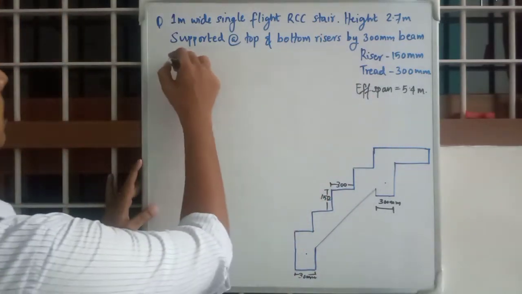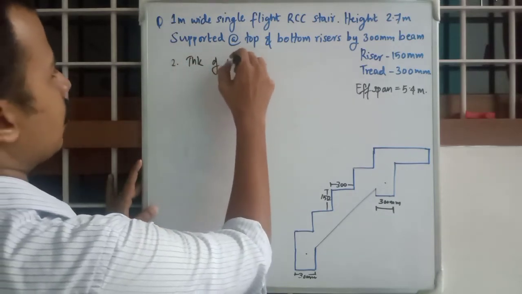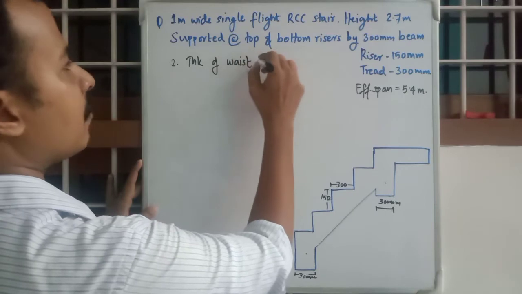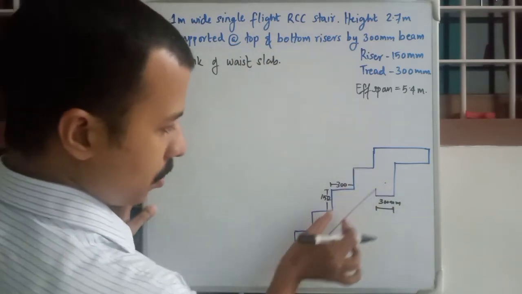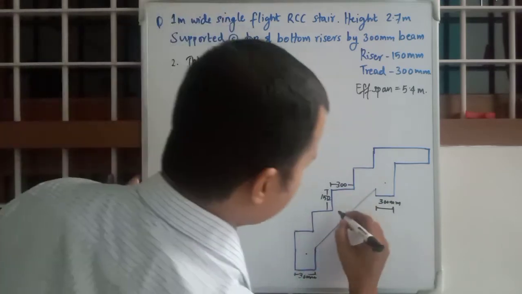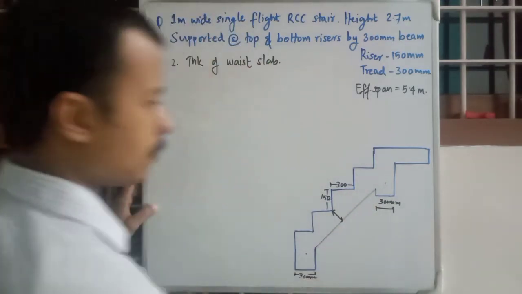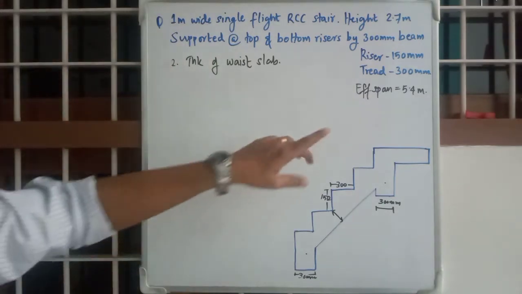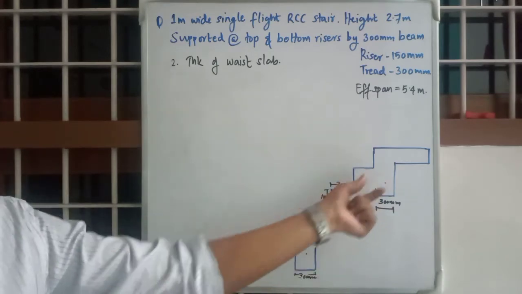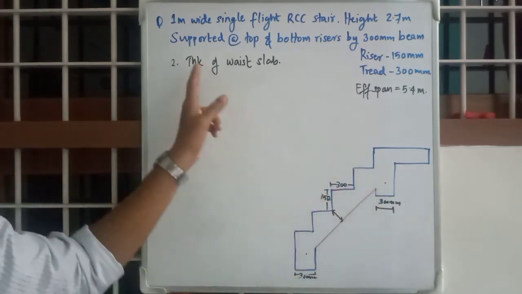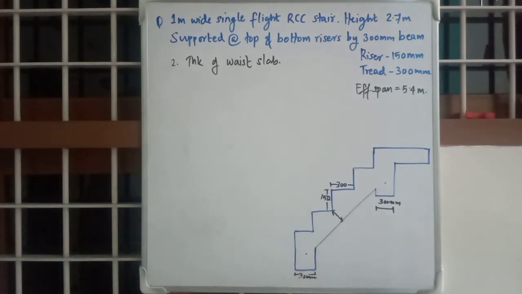Second one, thickness of waist slab. Waist slab means this slab, and by thickness of waist slab, this is the dimension we are calculating.